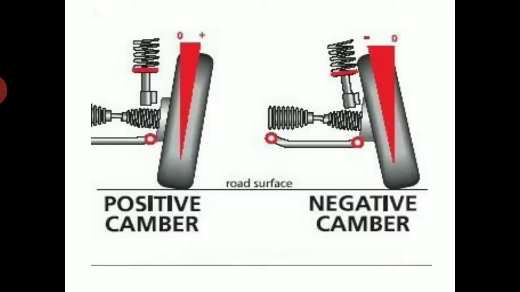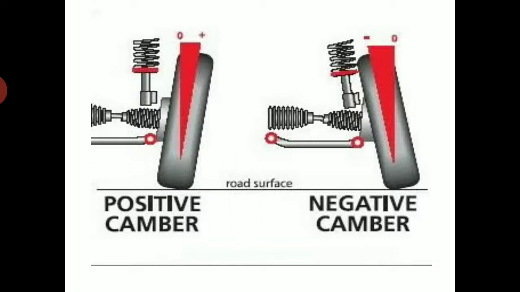Observe the figure, this is positive camber. The tire is outside to the road surface in one case and inside in the other. When the vehicle is running with the average load, 0 camber angle gives maximum tire life.